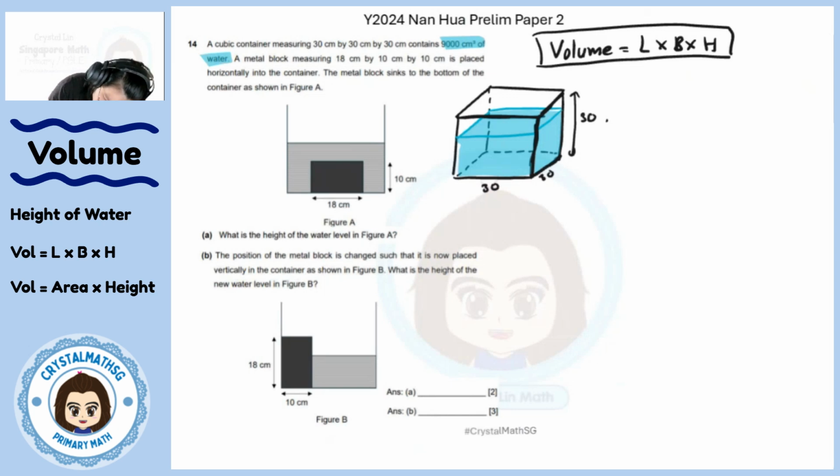Then you have a cube inside. This one will be smaller. You can see that this 18 is smaller, and the side is also smaller. So bear with me, I'm not very good in my drawing.